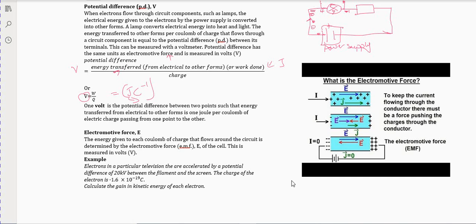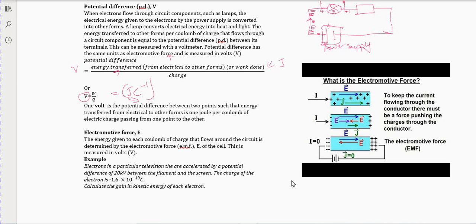That electromotive force is that energy that comes from the cell, from the battery, or the cell in this case, that would propel these negative charges to move around the circuit so that the light bulb can now light up and all of that. So that is what it is saying, that the energy given to each coulomb of charge that flows around the circuit is determined by the electromotive force of the cell.